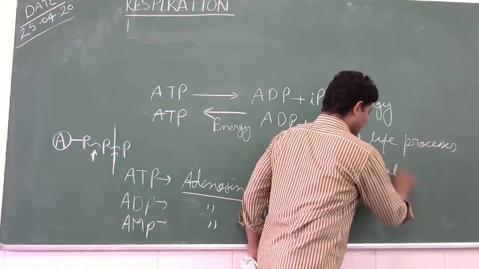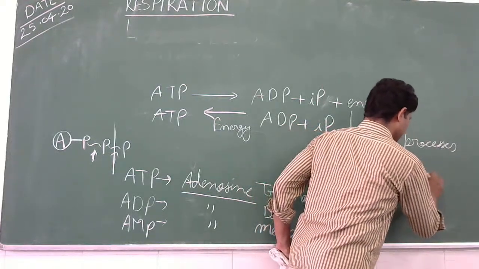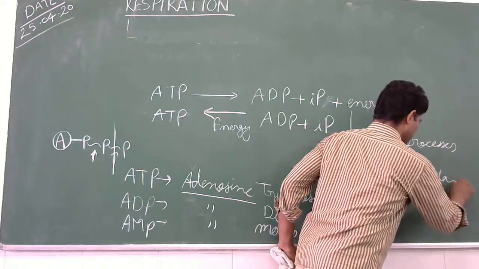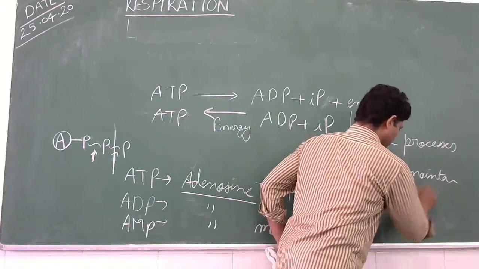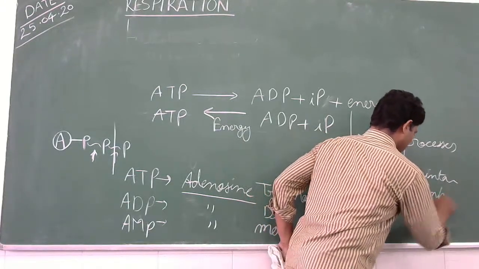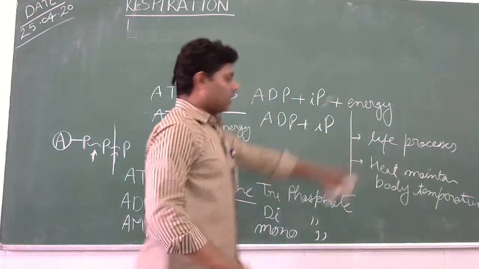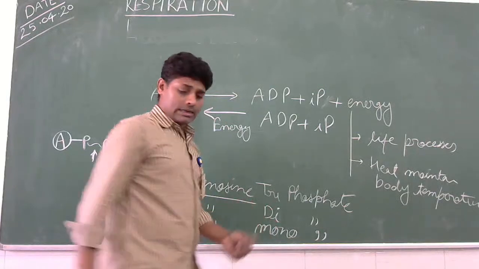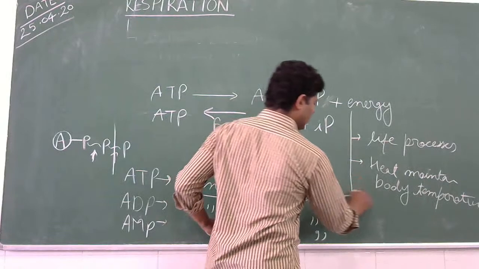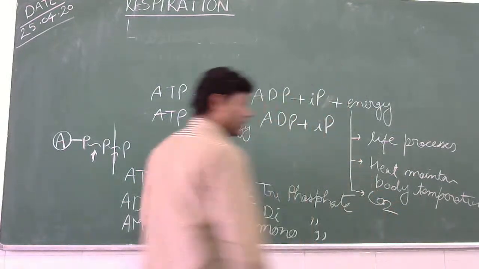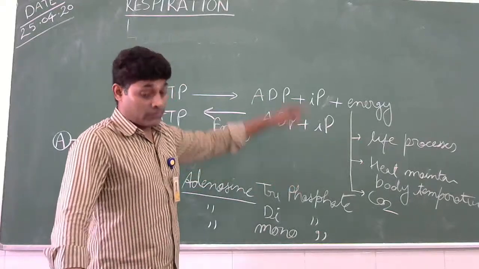Heat increases the body temperature or maintains the body temperature. It releases the carbon dioxide, and this carbon dioxide is necessary for the photosynthesis.